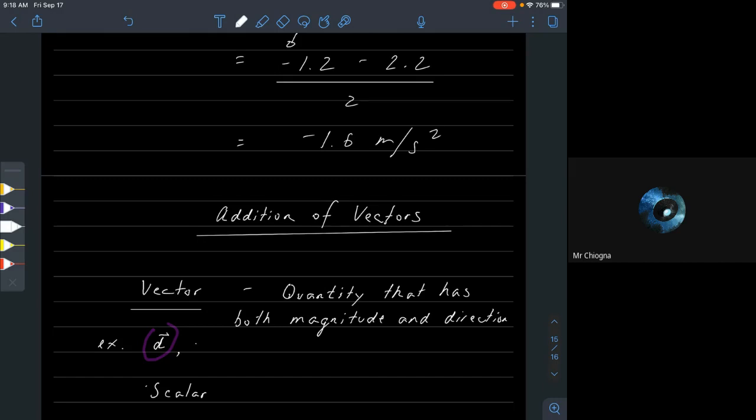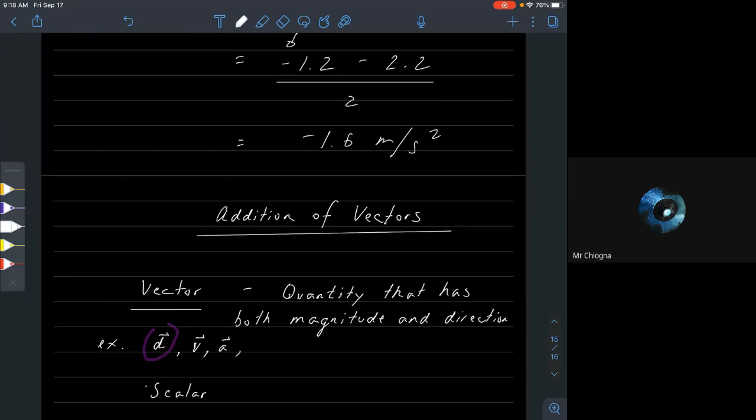Displacement, velocity, the speed with a direction. They're exactly the same magnitude with each other as long as you're moving in one direction, as long as you don't turn around. Speed and velocity, same magnitude. But velocity will have a direction, positive, negative, or east-west.